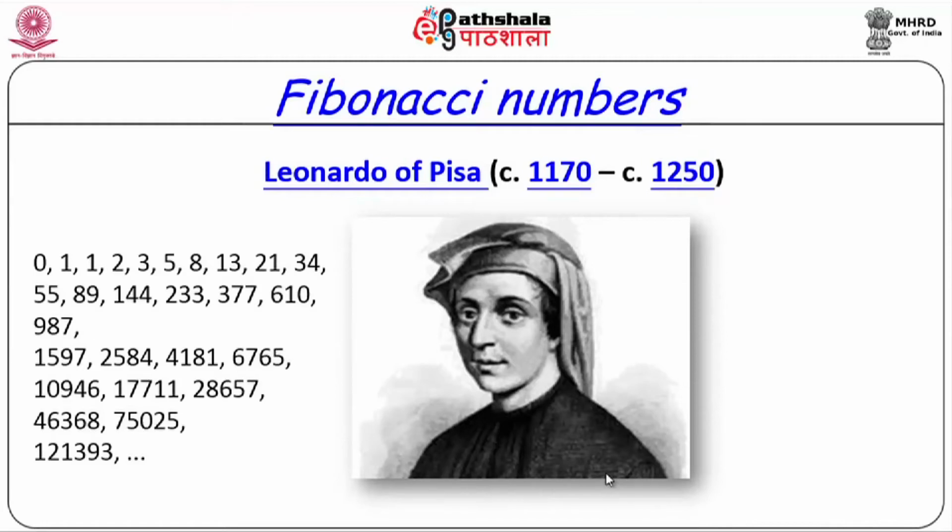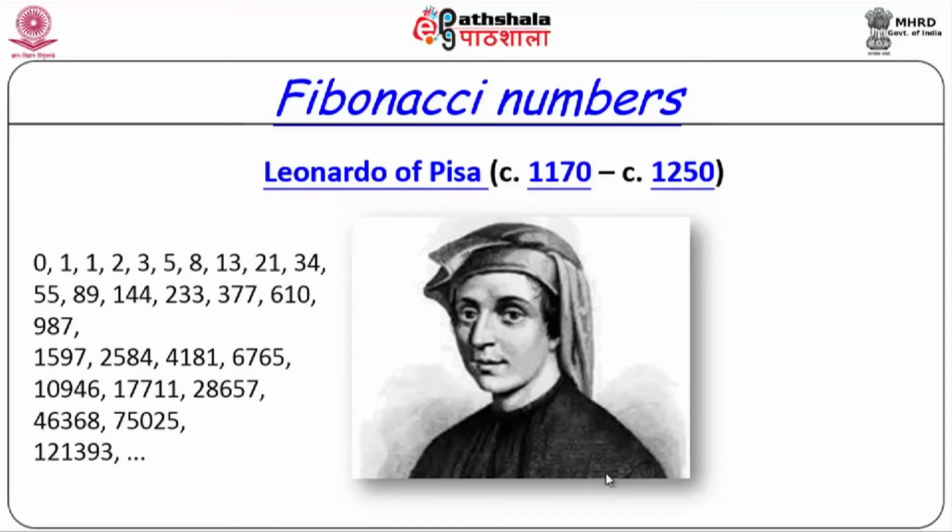Now, let us demonstrate some of the problems where dynamic programming is very effective. The first problem we will take is Fibonacci numbers. Probably you can recollect that in the earlier modules we were talking about the Fibonacci numbers.